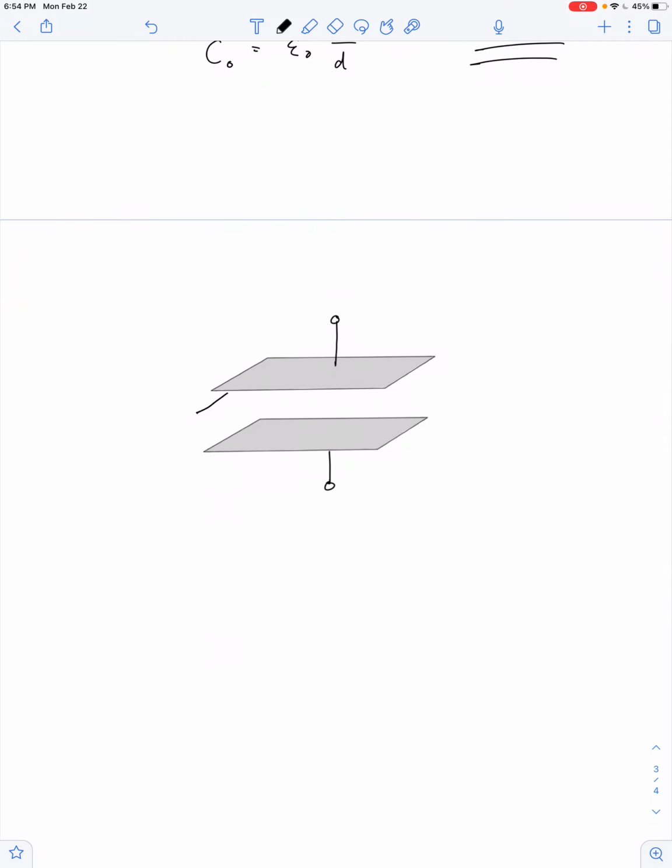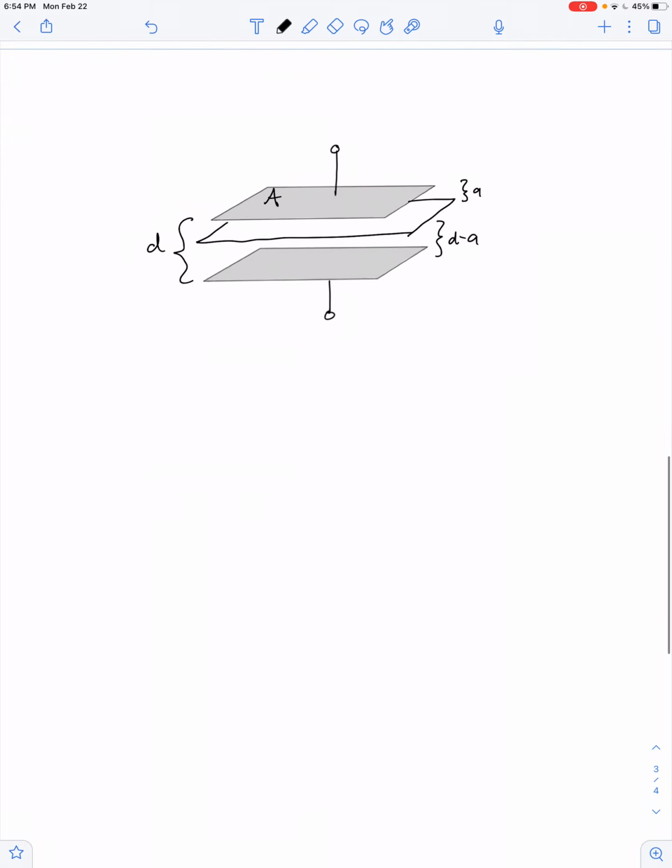So again, we draw it here. So say maybe this is a, and this has to be d minus a if the original plate separation was d. One more time, it's as if we have two capacitors connected in series, a C1 and a C2.